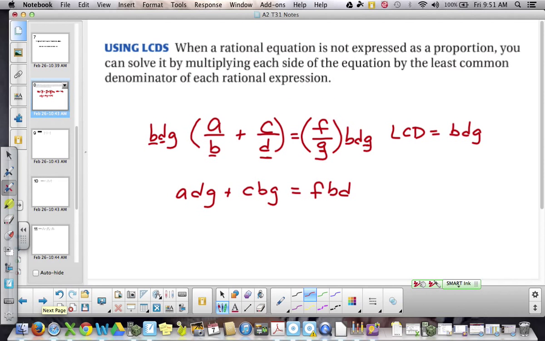Now you no longer have any fractions in that equation. It should end up being some type of linear or quadratic equation that we should know how to solve using methods that we've learned in the past.